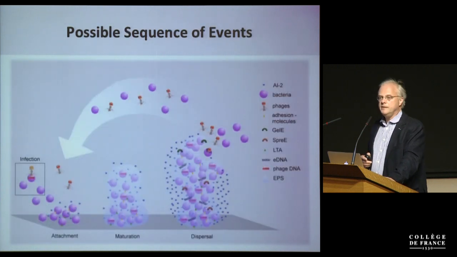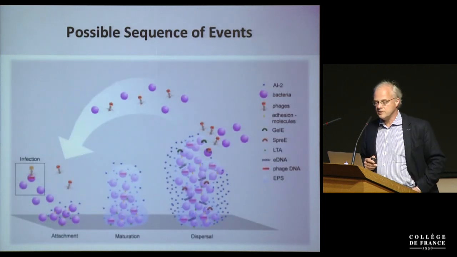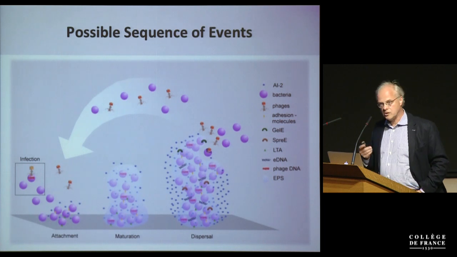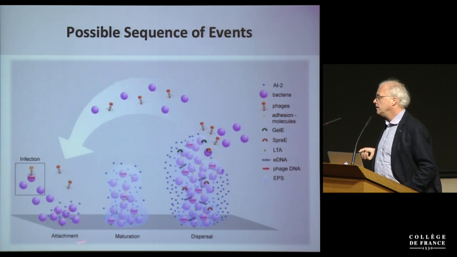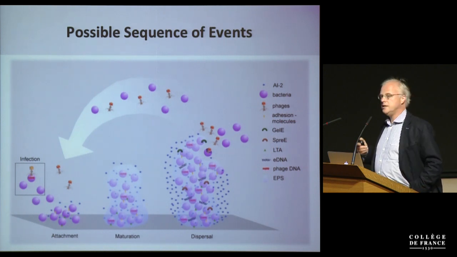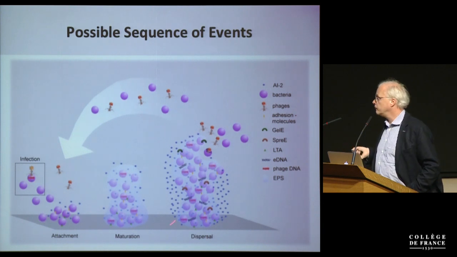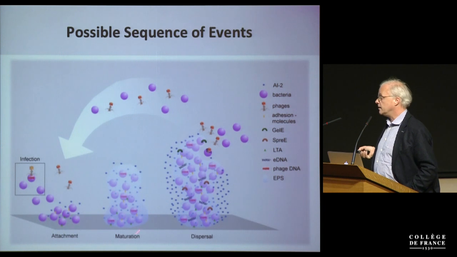So the idea that we have of the sequence of events in enterococcal infections, and probably in others as well, is that you have an attachment where these blue dots represent autoinducer 2. So there is very little. Bacteria have to attach, they have to form biofilm, which they do. The biofilm grows and forms these columns at concentrations of about 20 micromolar.